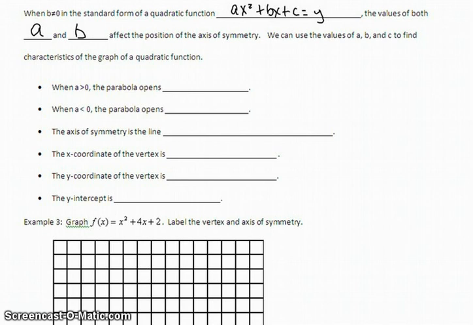Now, if a is greater than 0, meaning it's positive, the graph opens up. If a is less than 0, negative, the parabola opens downward, like a frown.